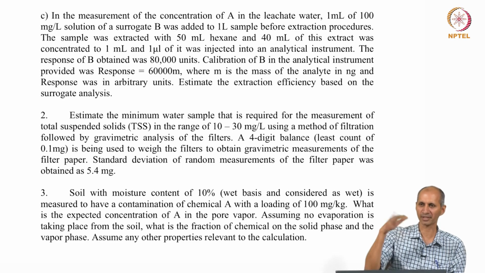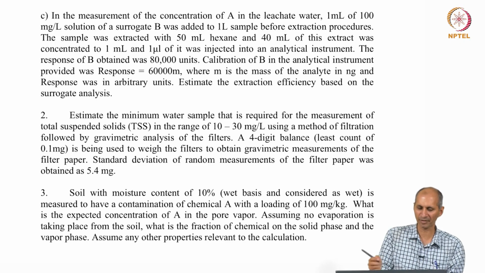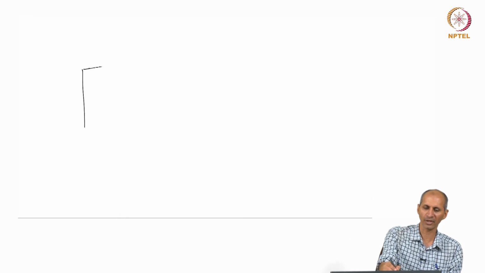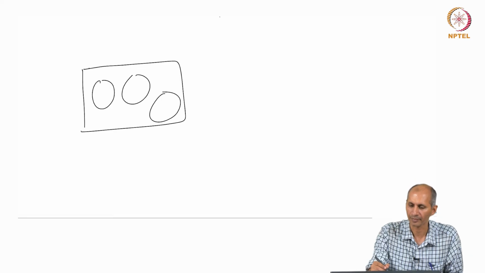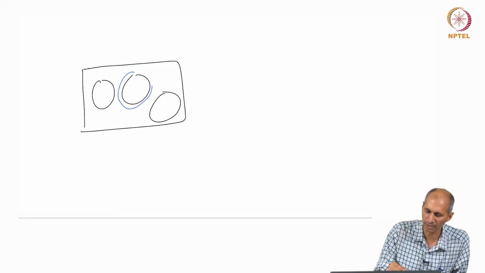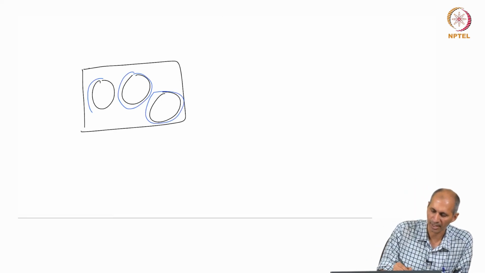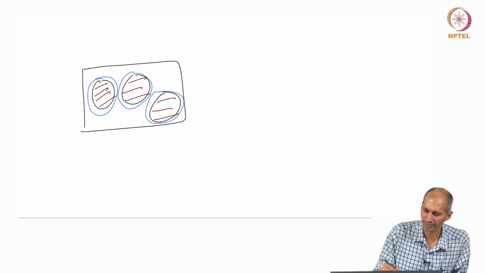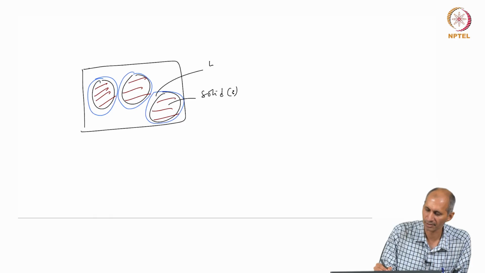assuming no evaporation. In this problem we are saying that there is a soil mass, there is solid, and there is water in between somewhere and the rest of it is air. This is the solid, phase 1, this is water, phase 3, this is air, phase 2.